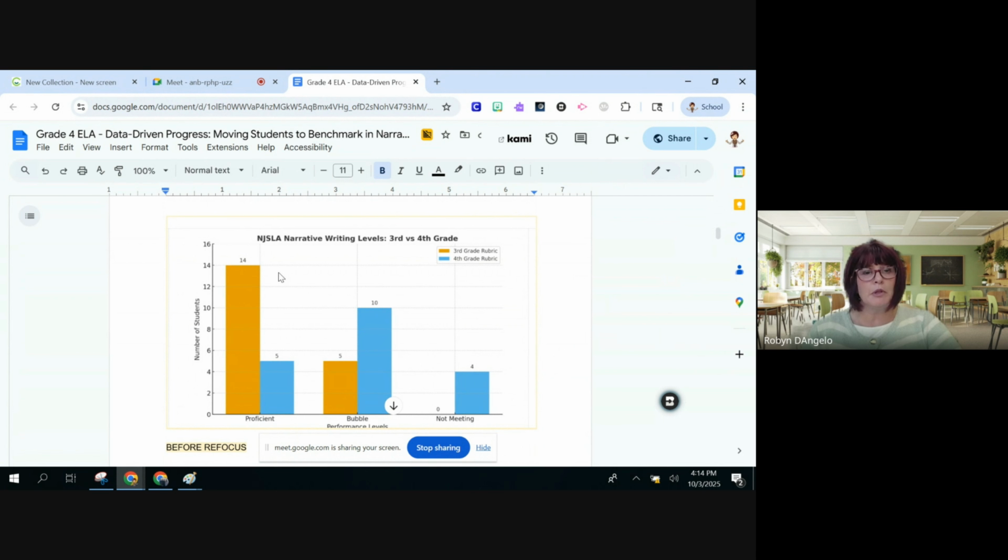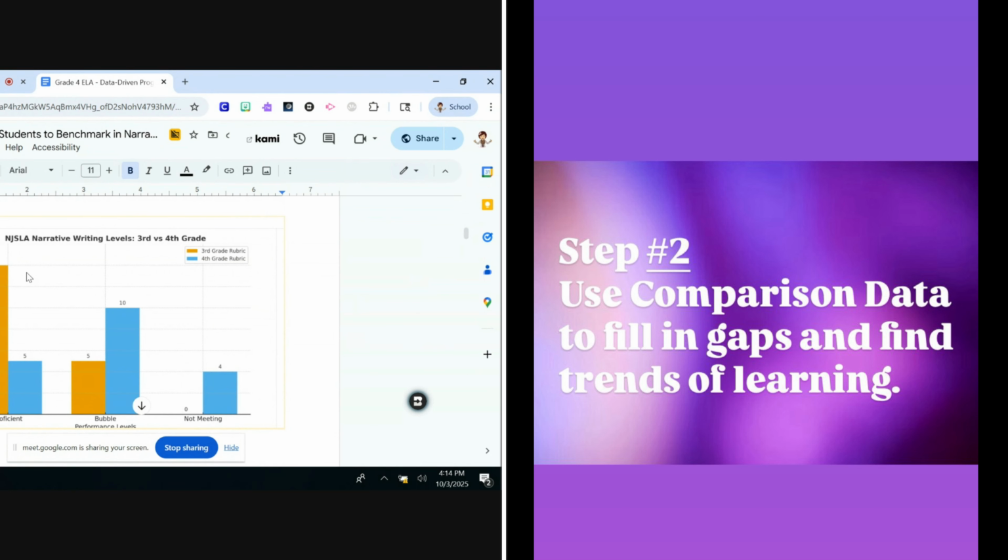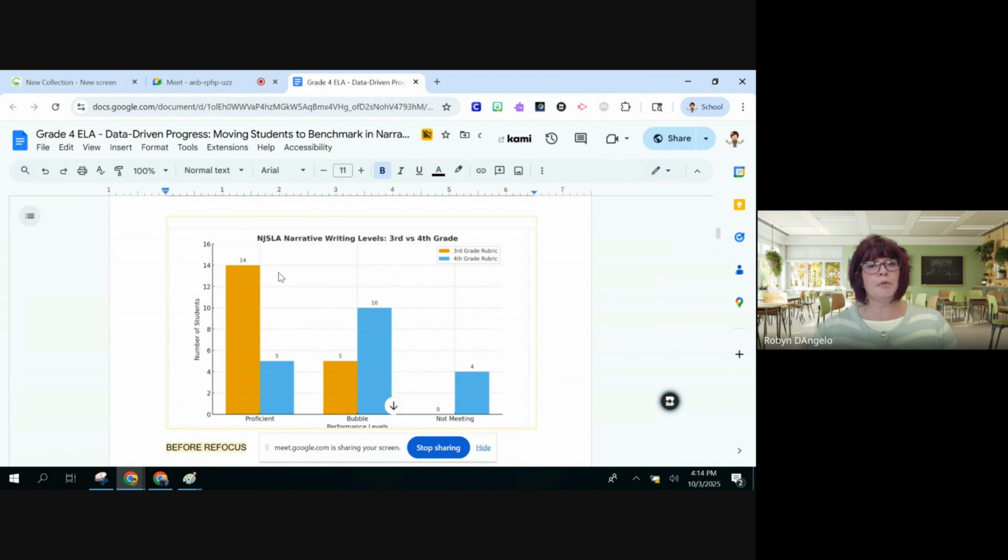And the blue color is if I took those narratives and compared them to a fourth grade rubric, because my goal was to find the comparison of where they were and where they needed to be at the end of my narrative unit. So I was almost pre-planning what I had to do to fill in the gaps to get them there.